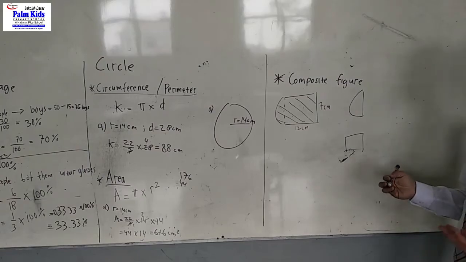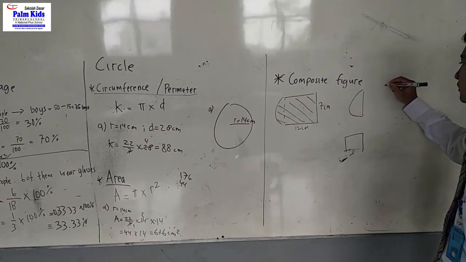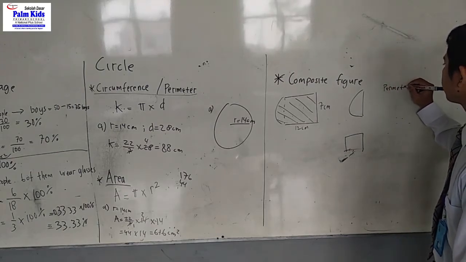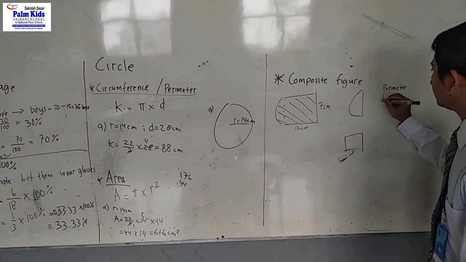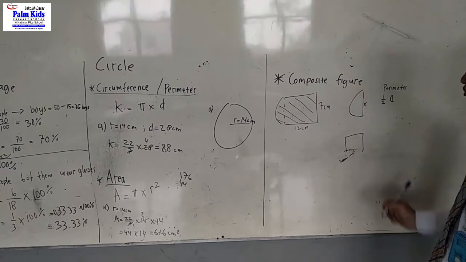Now, if you have to find the circumference or perimeter, you have to find this half of the circle first, but without adding this diameter.